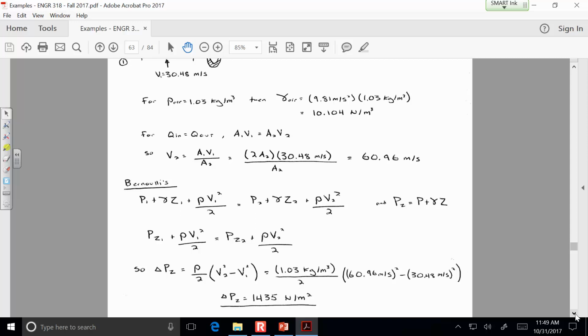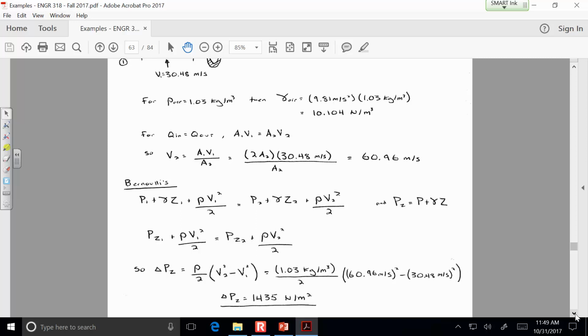If something's a velocity, give it units of meters per second. If it's a unit weight, make sure it has units of newtons per meter cubed and so on, because keeping consistent with that can really help you to avoid mistakes, or if you've made a mistake, help you to identify it and correct it.